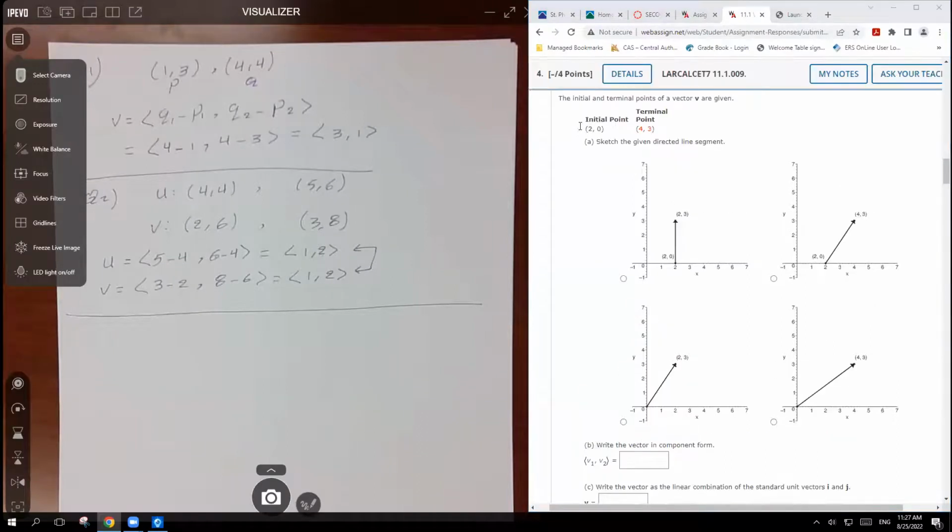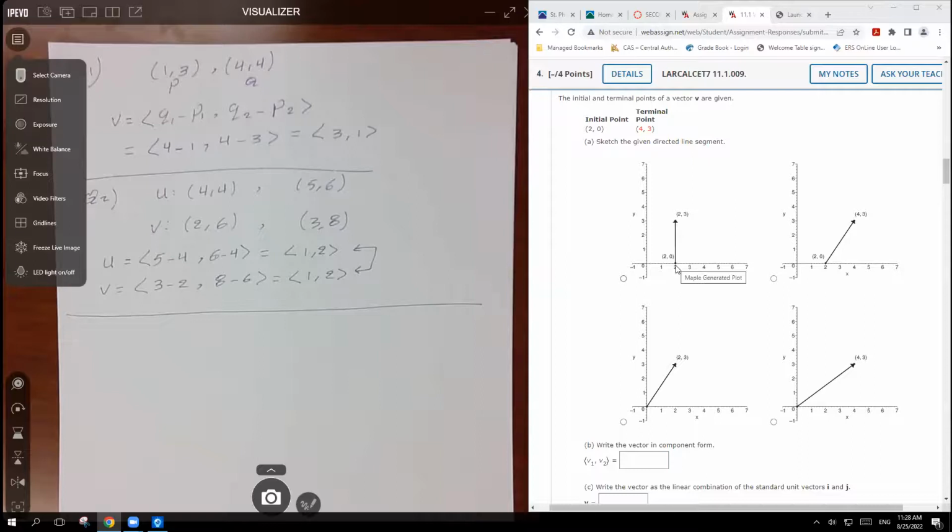Here are 2 vectors, here's the initial, here's the terminal. You have to sketch the given. Be careful. Sketch what? Not the vector. We're going to sketch the direct line segment. So that means just sketch these 2 points. 2, 0. That means x is 2 and y is 0.